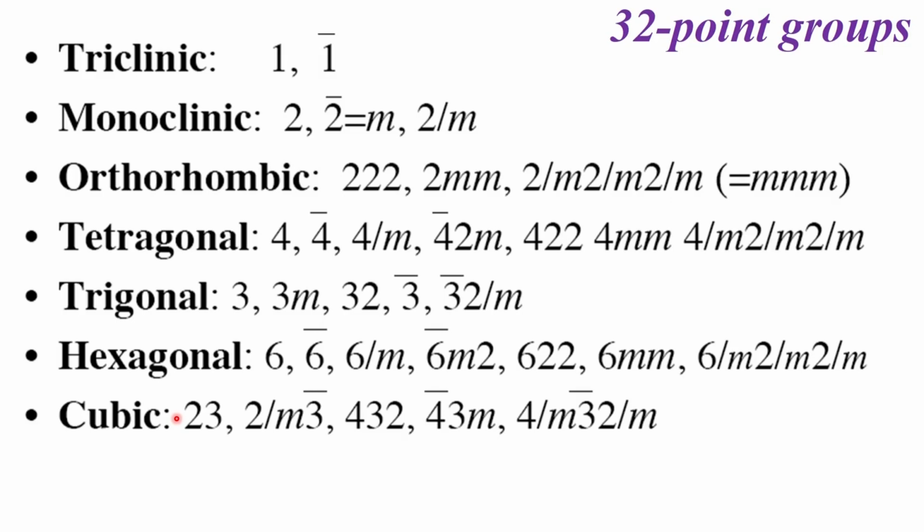If we read any textbook, the textbook will tell you only about how we can represent the stereographic projections of each one of these point groups, and then straight away classifies them into these crystal systems.